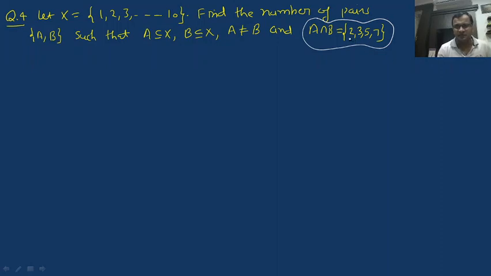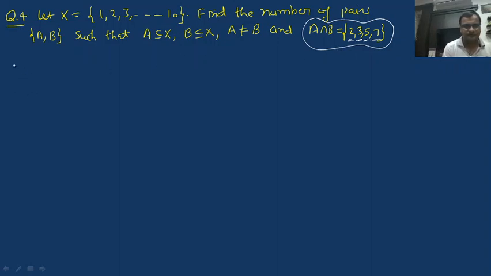It means that these four elements belong to both the set A as well as B, because we know that A intersection B is a region which is contained in A as well as in B. It means that these four elements belong to A and B simultaneously.